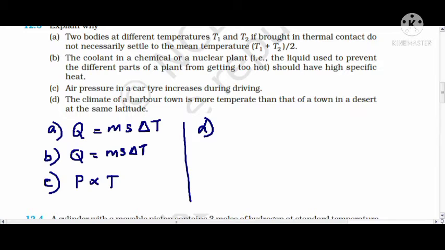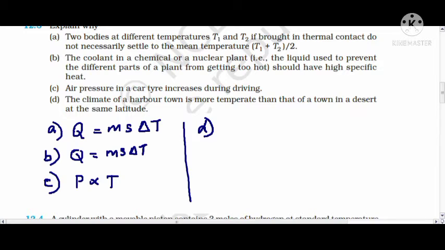Now you take the case of a harbour town. In a harbour town, the humidity is high. As humidity is high, the air contains a lot of water vapor. Therefore, the rate of evaporation of the sweat from our body is comparatively less.